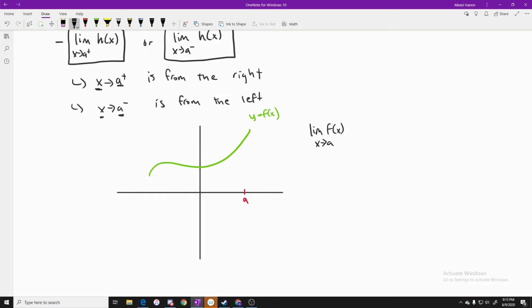Here I have a random function called y equals f of x, and we are asked to evaluate the limit of f of x as x approaches a, and a is labeled right here in red. We can take the right-hand limit of this by approaching this a value with x values that are larger than it. So we can take an x value here, here, and then slowly inch forward towards a from the right-hand side of a, seeing what those values are, and essentially saying that that is the limit.